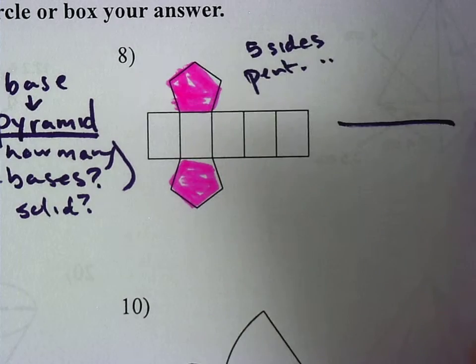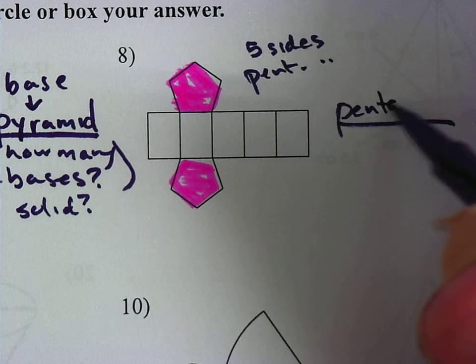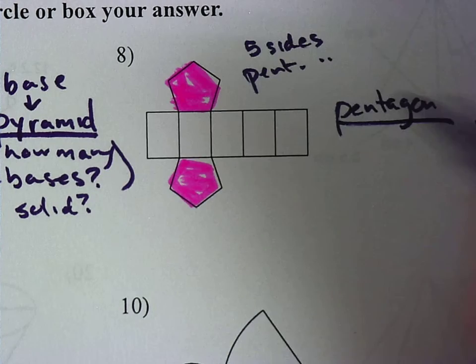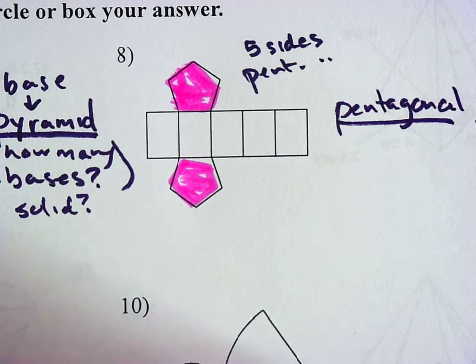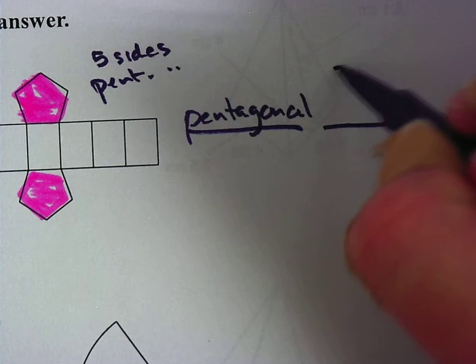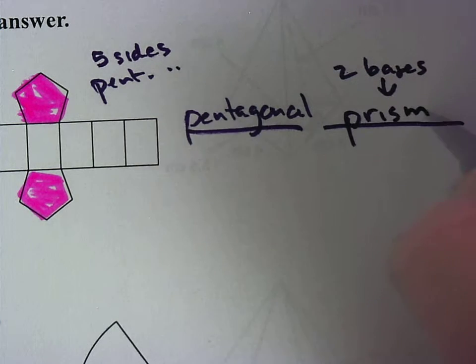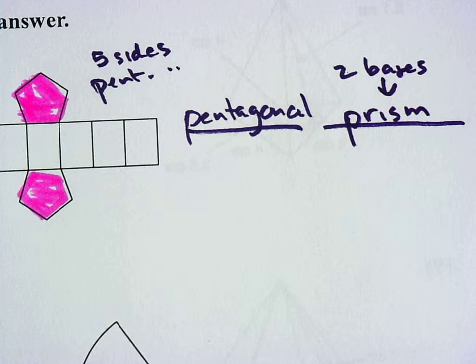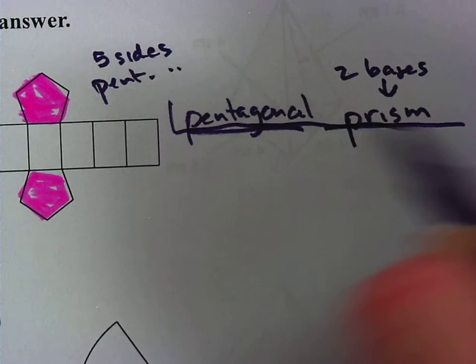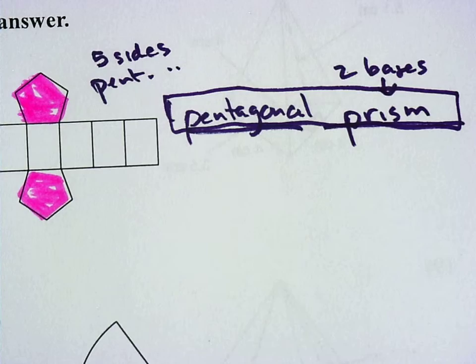Whenever it ends in gon, it gets that AL, so pentagonal. And now it has 2 bases. Well, that's a prism. And so this would be our answer, pentagonal prism.